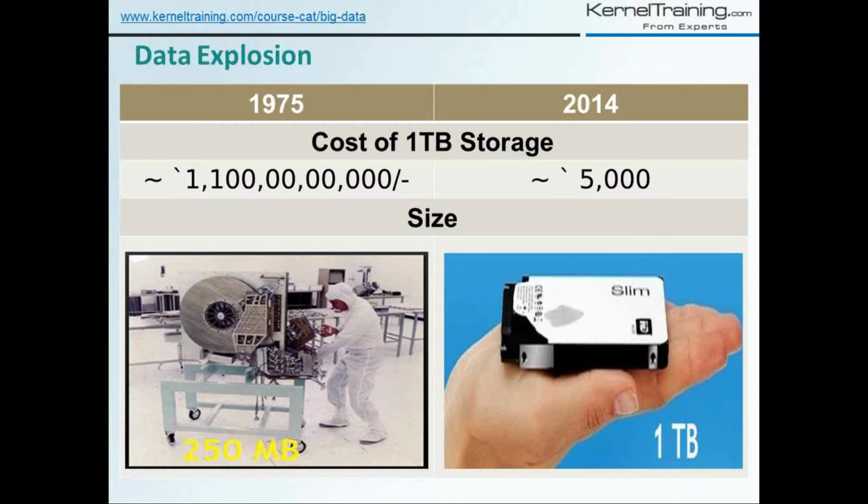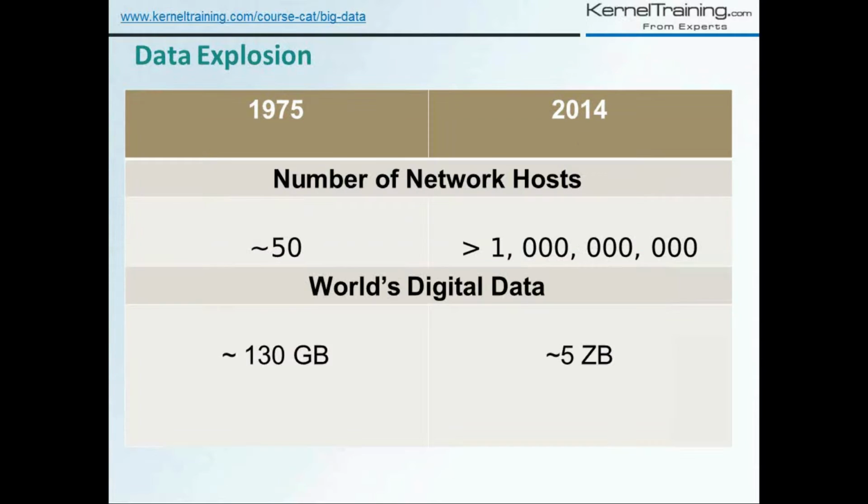So this much data storage space I am getting in a very portable as well as a very cheap way. At that time the number of network hosts was approximately 50, but today we have more than a billion network hosts. The total world's digital data at that time was approximately 130 gigabytes, which means you could hold the whole world's digital data in 1/10 of today's hard disk.